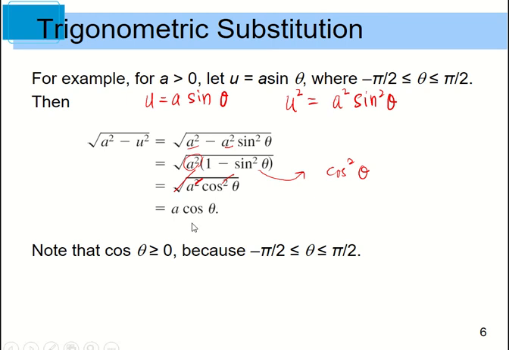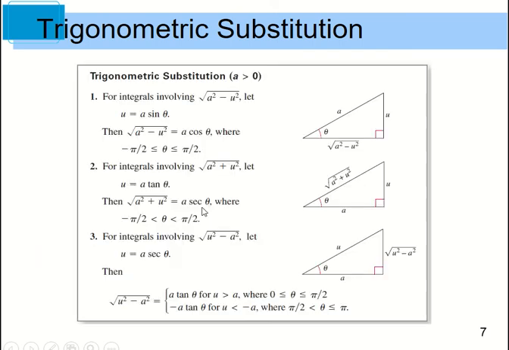This makes our integration process simpler. This is the trigonometric substitution. Again, when we have something like this, remember this is 1 minus sine square theta, so we let u be a sine theta.